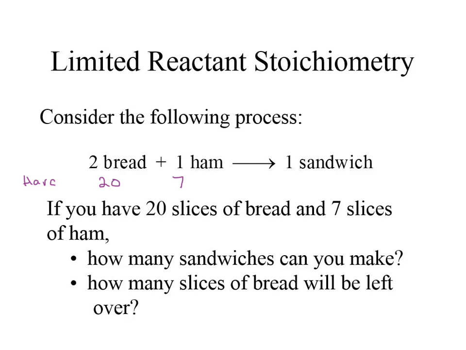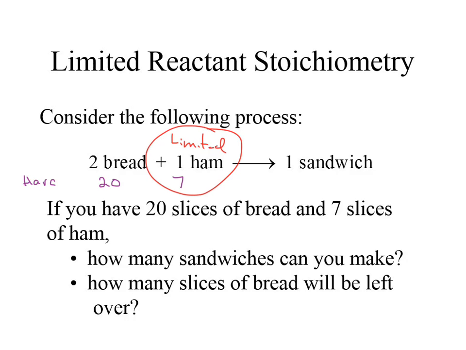So do you see where it looks like our ham is our limited amount again? Just because of that. It's limited, why? Because we're going to run out of it first. The other thing that's very important about your limited reactant, whether it's eggs or whether it's ham, is it forces how much product you can make.